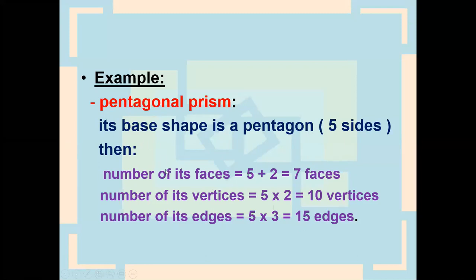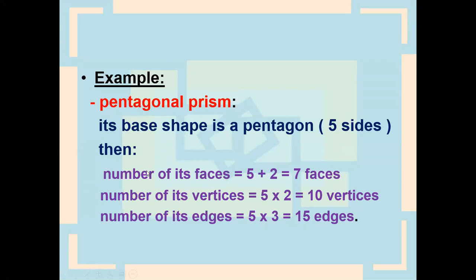Again, to find the number of faces, add the number of base sides plus 2. To find the number of vertices, number of base sides multiply 2. To find the number of edges, number of base sides multiply 3. For example, if it is a hexagonal prism, how many sides in the hexagon? 6.